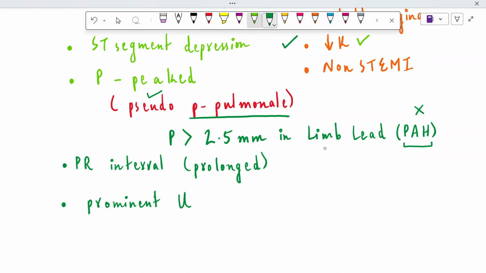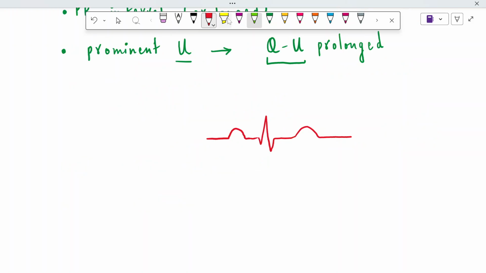So in conditions of hypokalemia, we can have an ECG like this: the normal ECG is P, then QRS, and then the T wave, right? That's the normal ECG we can see. But in case of hypokalemia, the P wave will be peaked. There is a peaked P wave.